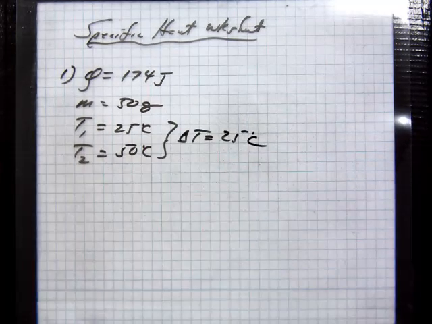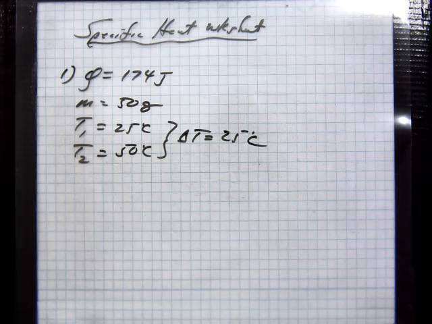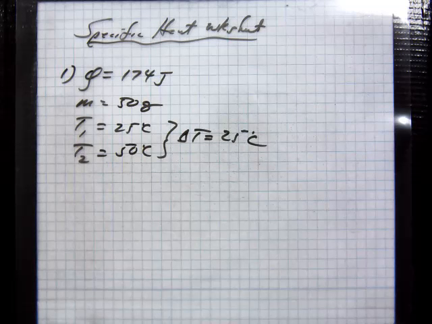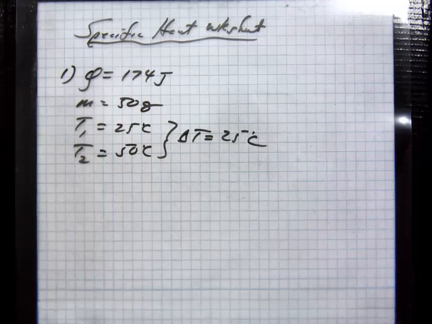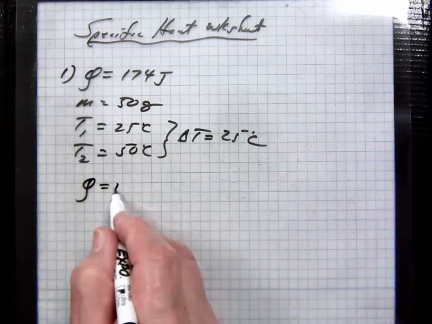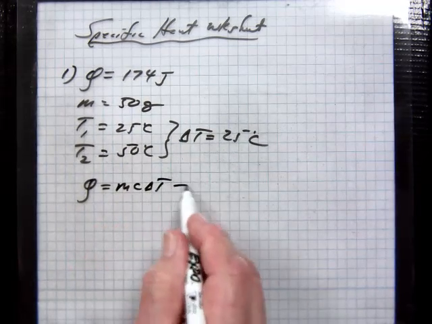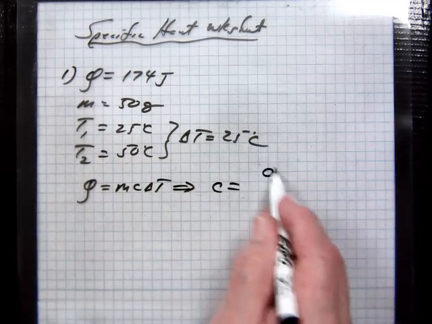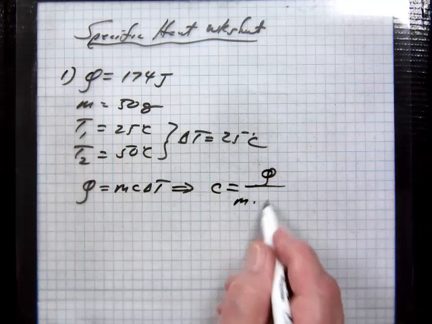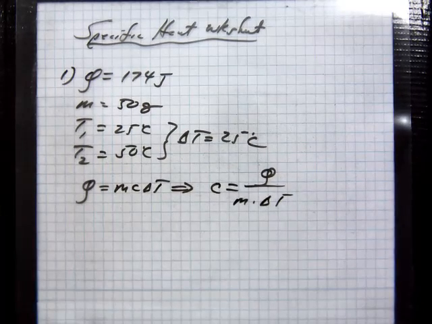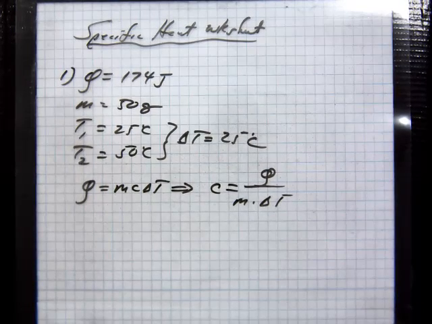Is that a temperature change problem? All day long. What equation do you use? MC delta T equals Q. So Q equals MC delta T. They're asking for C, so that's Q over M delta T. That's the kind of problem you will see also.